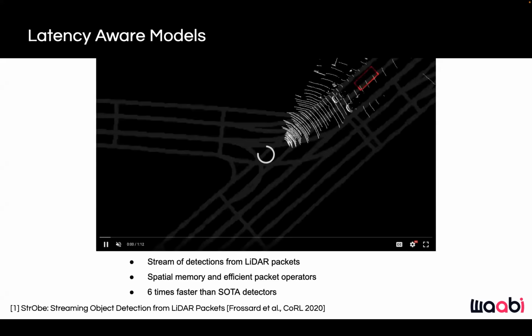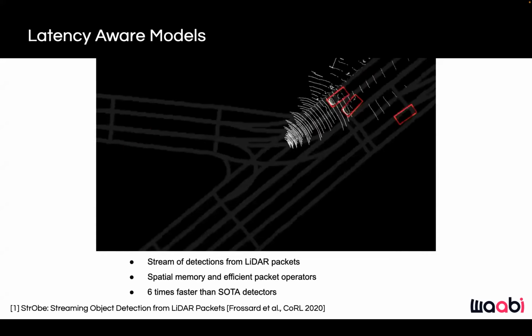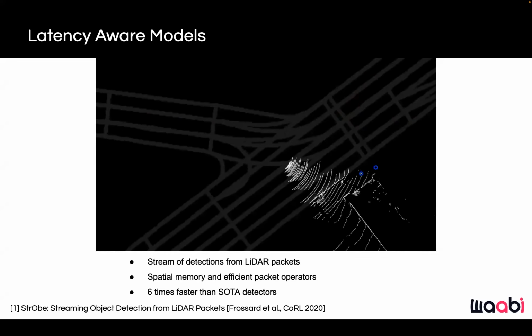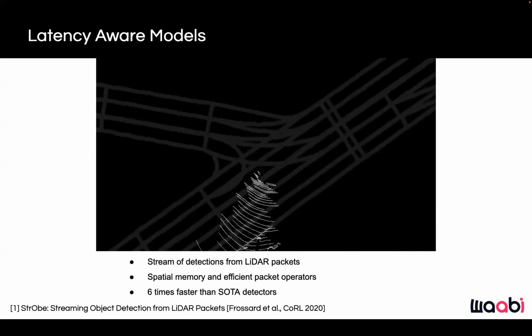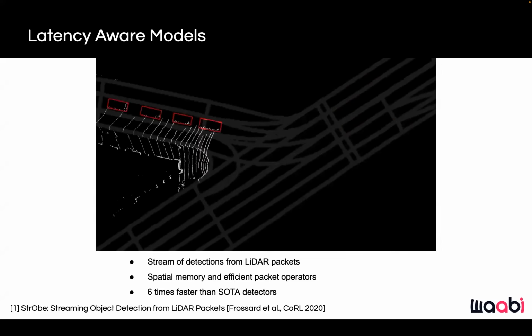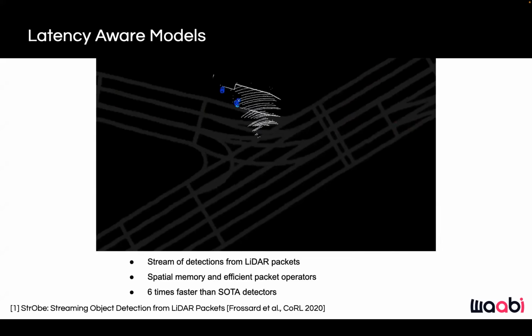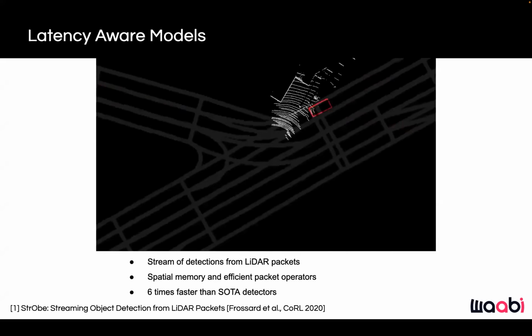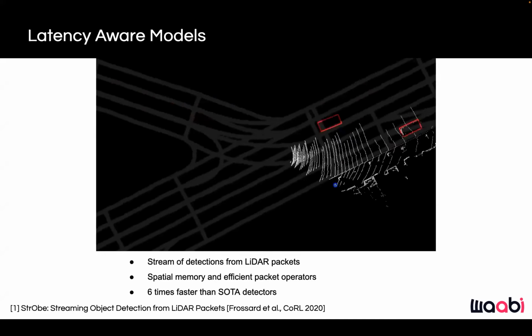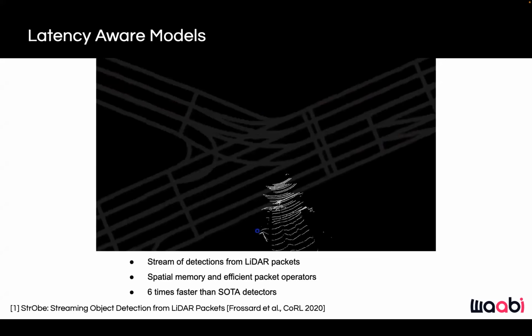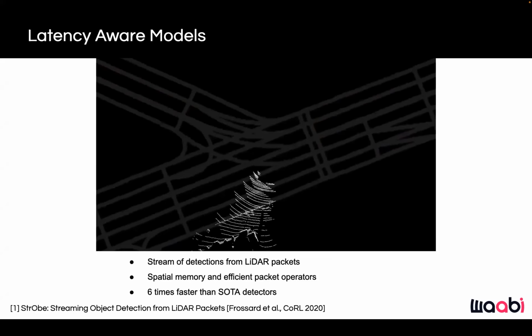Another work, StreamingDet, minimizes this LiDAR perception latency by ingesting packets and emitting a stream of detections. By leveraging a special memory and efficient operators, this model produces accurate detection while achieving latencies 6 times lower than the fast full-sweep detectors.